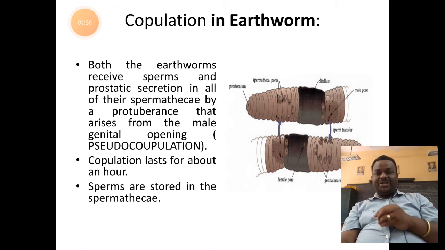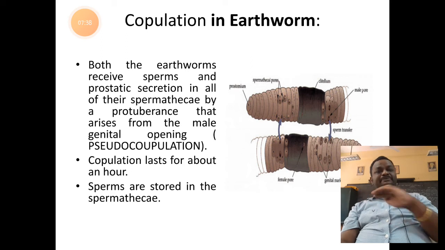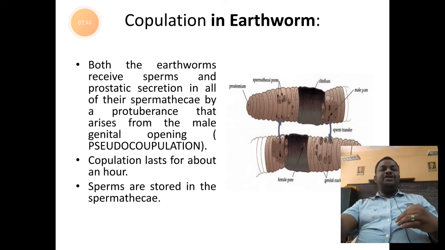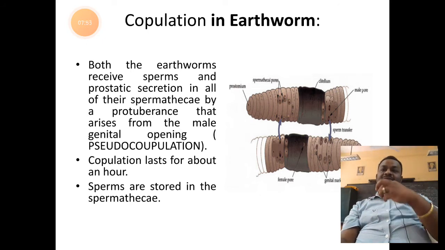Pseudo copulation will last for an hour, during which all the spermathecal bags of both the organisms are filled with the sperms, and later the two worms separate out and get back to their respective burrows.